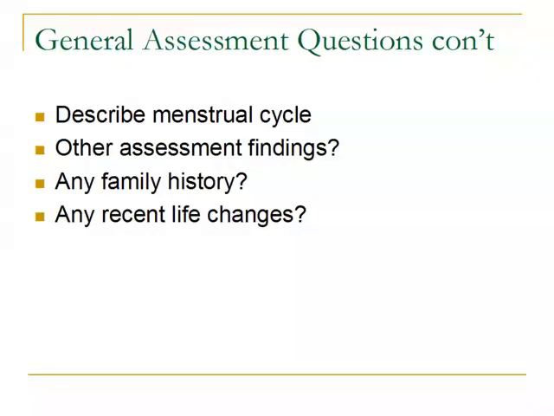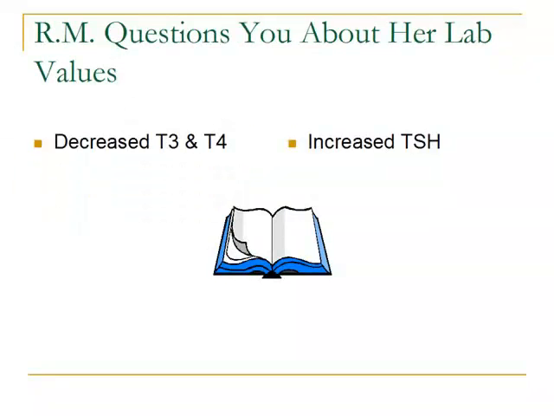and it's also more commonly found in middle age. She would have some lab workups done to look and see what the values are, and this is a typical finding of a patient that does have hypothyroidism, especially if it's primary. That patient would have decreased T3 and T4 thyroid levels, but would have an increased TSH because of that feedback mechanism.